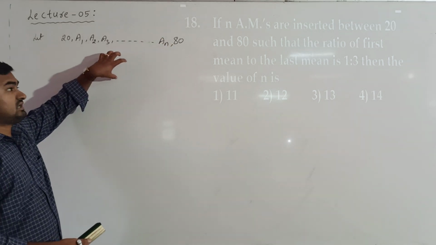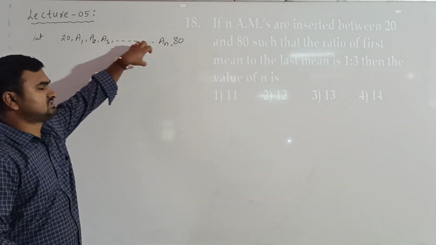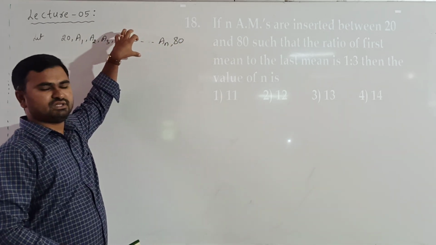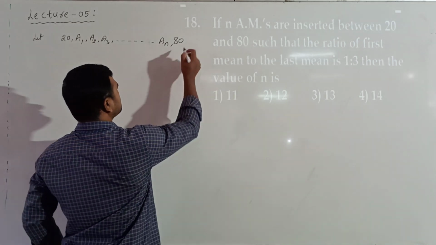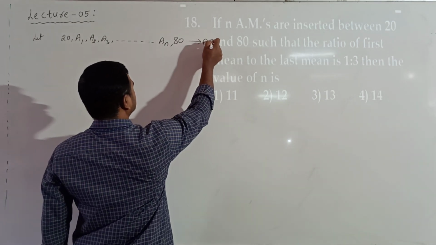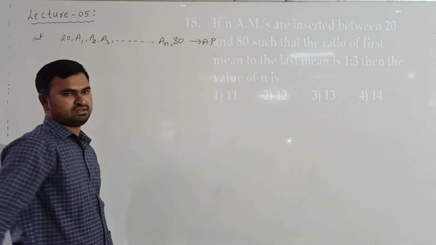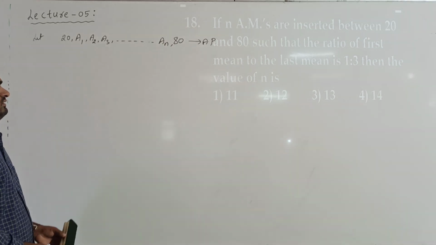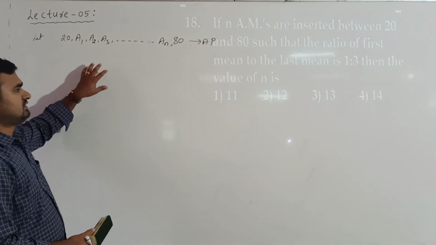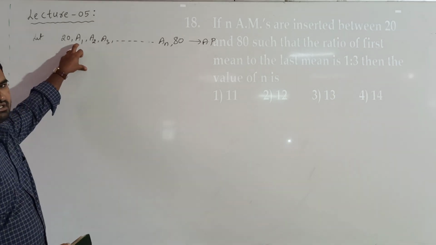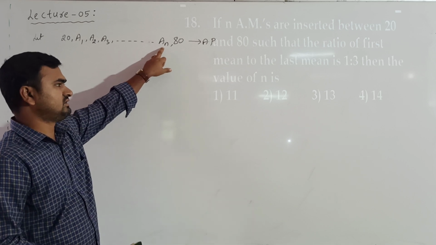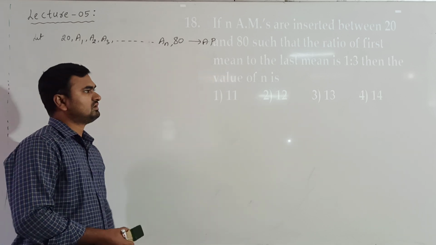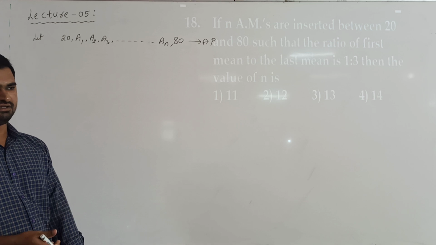Now when these numbers are inserted between two numbers 20 and 80, they are called arithmetic means only when the resulting sequence forms an AP. So this must be in the AP. Now here, the ratio of the first mean A1 to the last mean AN is given as 1:3. Now we need the value of n.